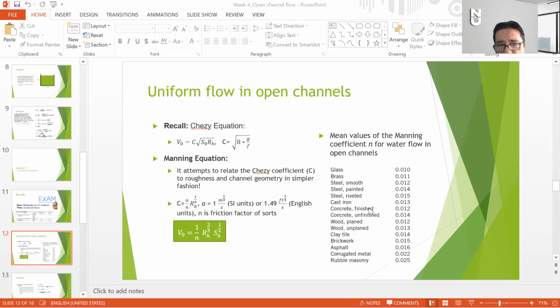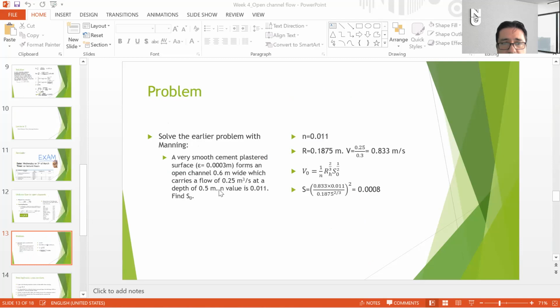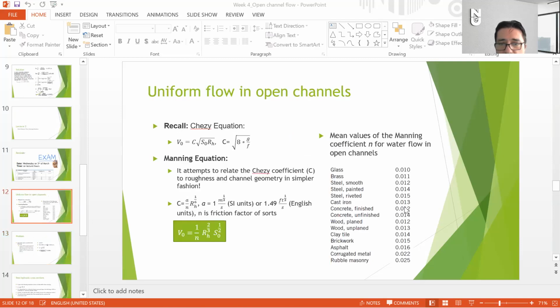Cement is concrete, let's say, but it is smooth. It is smoothed, so it is going to be smaller than 0.12. So it is reasonable to get something like 0.11. And here n is given. If it is not given, you can take 0.12 or 0.11. Both of them are possible. 0.11 is better, because it is smoothed.